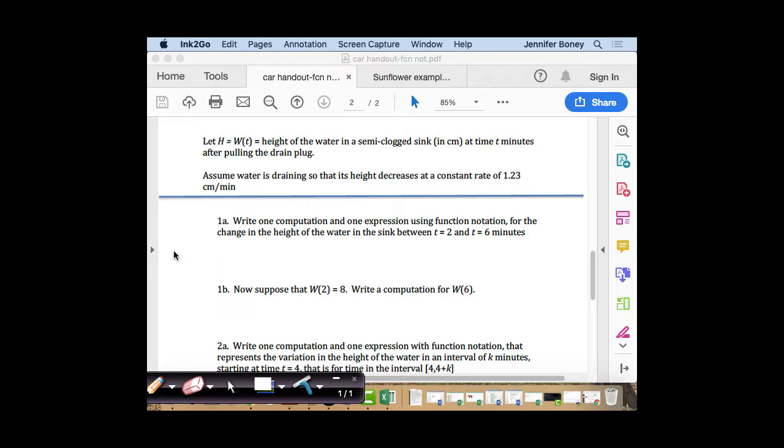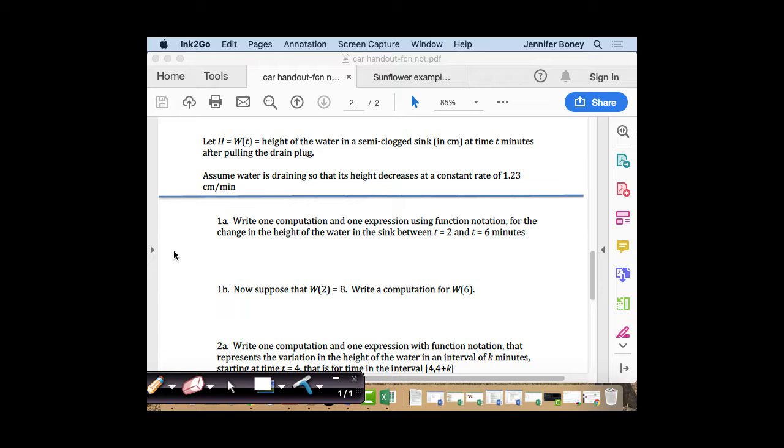So the parts A and B of the same question, like 1A and 1B, are related to one another. What I want to do here is, this time we are using a constant rate of change. So this is kind of combining our function notation we were just working with in general with the concept we were talking about in class on Tuesday about constant rate of change. dy equals m dx, and y final is y initial plus, well, dy.